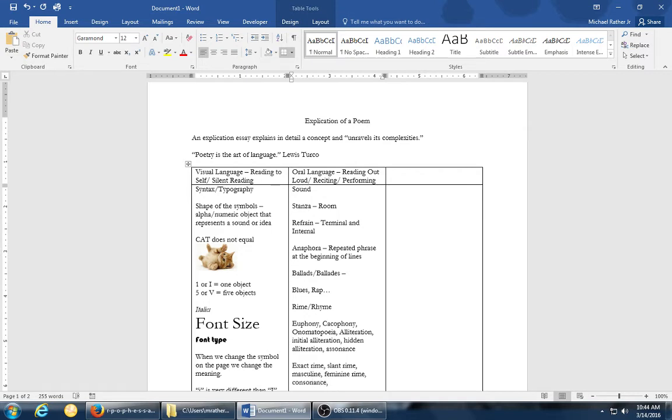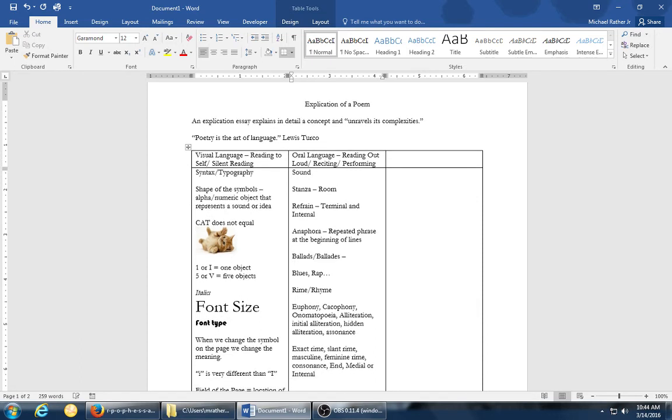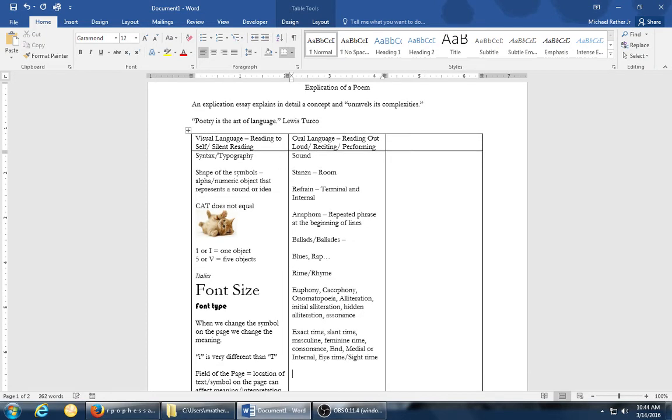You have some of these ideas like end rhyme, medial or internal rhymes, and eye rhyme, sometimes thought of as slant, or not slant, sight rhyme. And you would need to be able to identify those as well and explain how the poem is using those to please the ear or to challenge the ear.